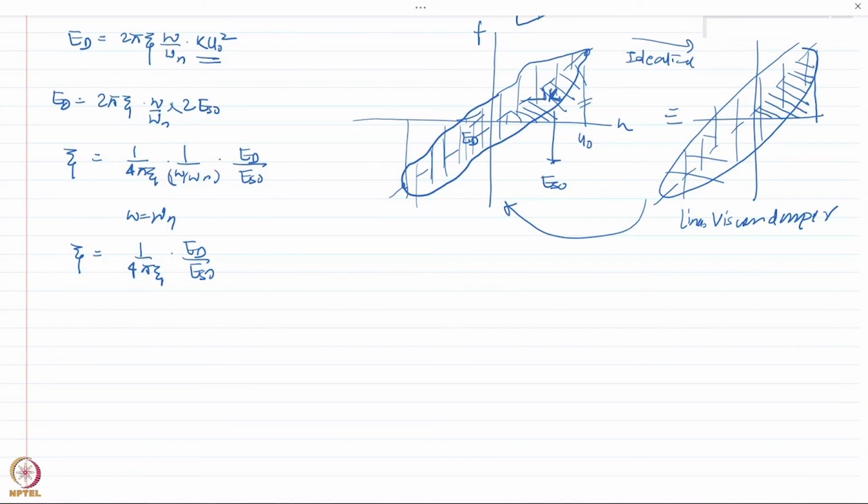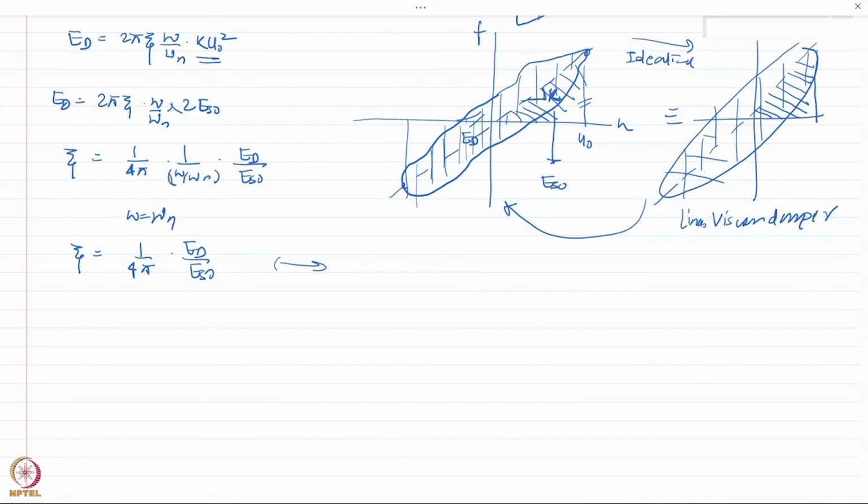This is actually not 2 pi zeta. The value here is actually 1 by 4 pi times this expression here. So no zeta here.